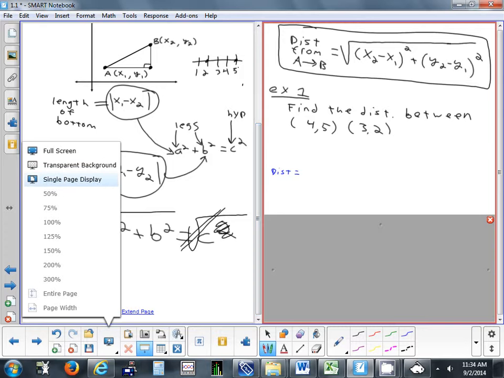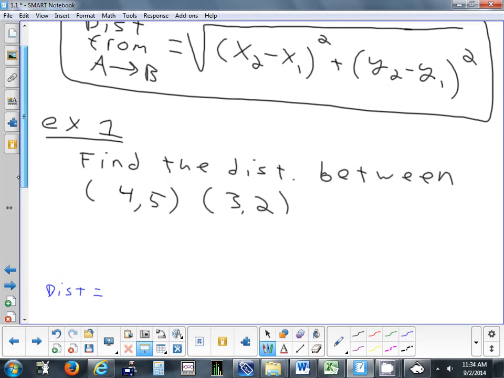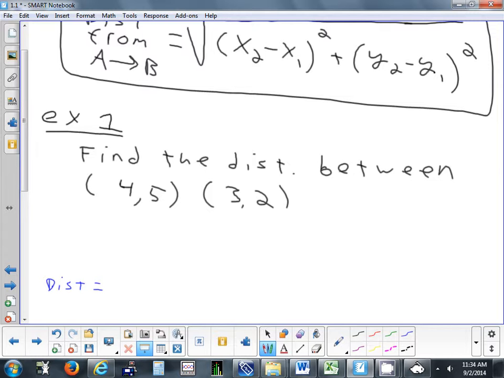They're not labeled. Does it matter which one is x1, which one's x2, and so on? No. Okay? Whether you find the distance from A to B or B to A, it's the same thing. It's like measuring the distance from here to your house or from your house to here. It's the same distance.